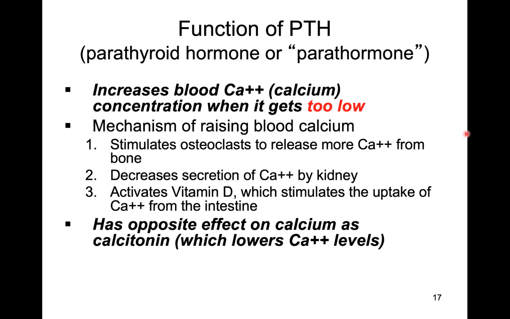Now star this slide all over. This is a slide I really, really want you to know. The function of parathyroid hormone. And I stress this slide because there's a lot of good information on here for test questions. Parathyroid hormone's job, like we said, was to increase the blood calcium levels.